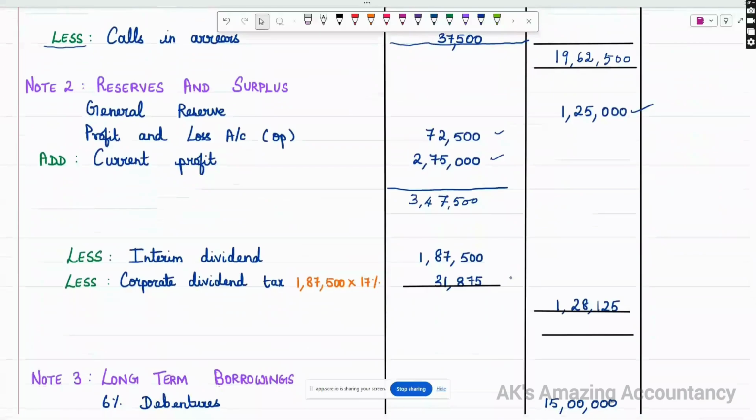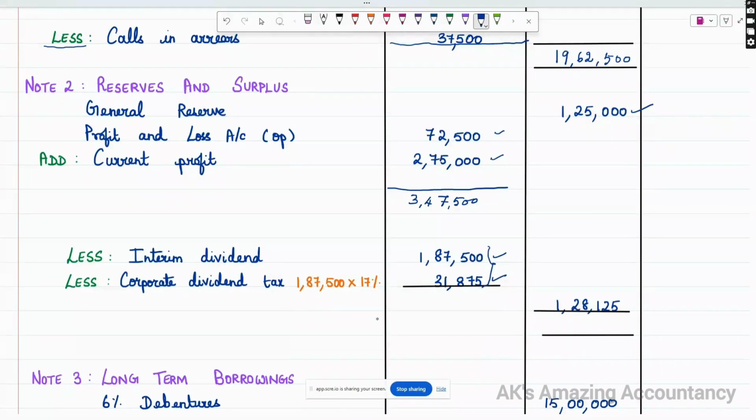So if you do that, just calculate and see. If you do that, you'll be getting 31,875. Okay, 1,87,500 is already available in the problem. You are calculating 17% on 1,87,500, which gives you 31,875. So when you add these two amounts together, you can add and see.